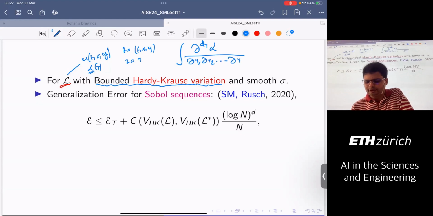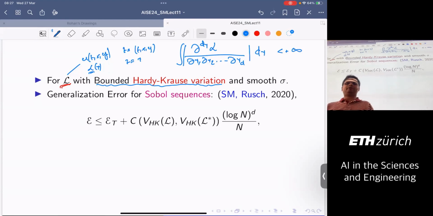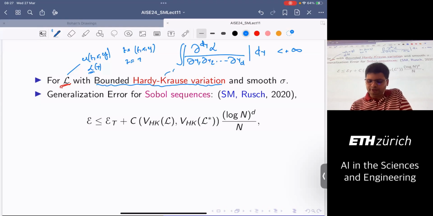This is going to be finite. So it's not just derivatives, but mixed derivatives. As long as these mixed derivatives are finite, this is morally the Hardy-Krause variation. The map that you're going to approximate has to have some structure. It can't be discontinuous, for instance.